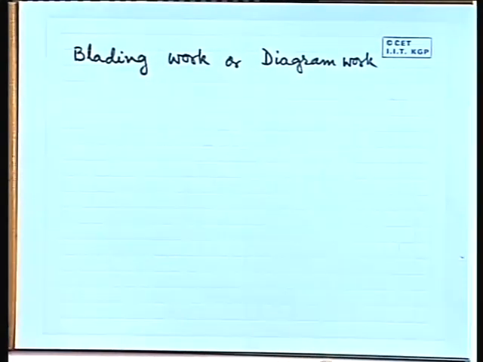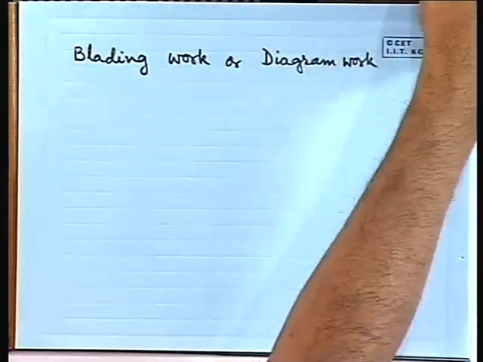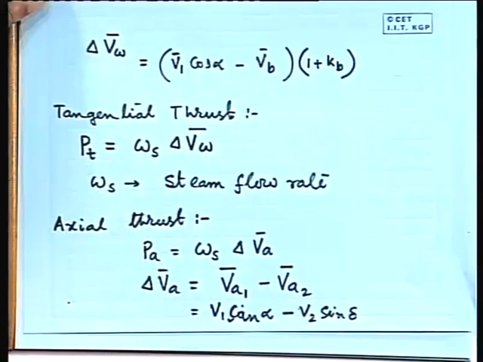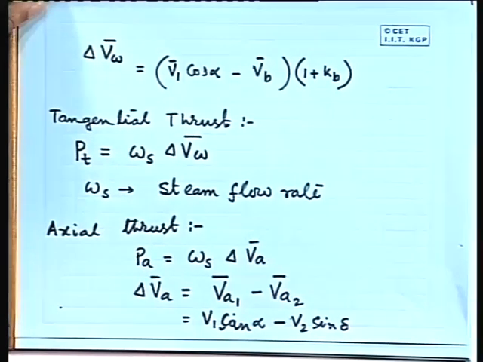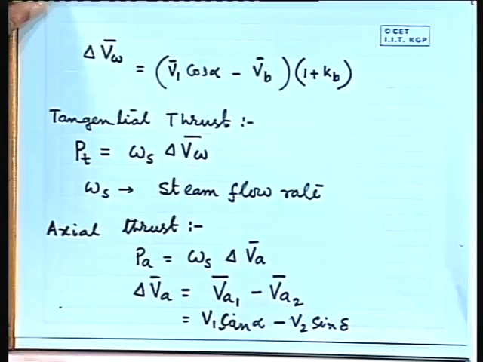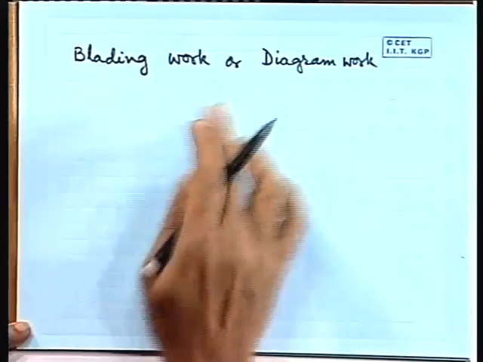This blading work or diagram work, we know that the useful component of force which is doing the work is PT. Due to this force there is a movement in the direction of VB, or there is a rotation of the blade, and in the same direction we have got the tangential velocity VB. So, using these two we can determine the blading work.